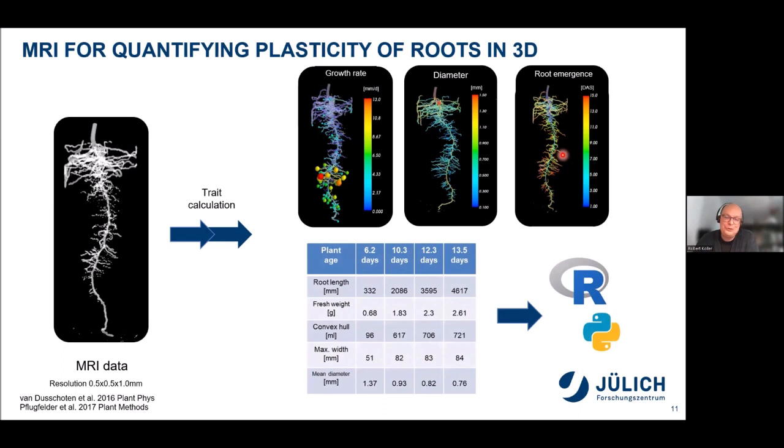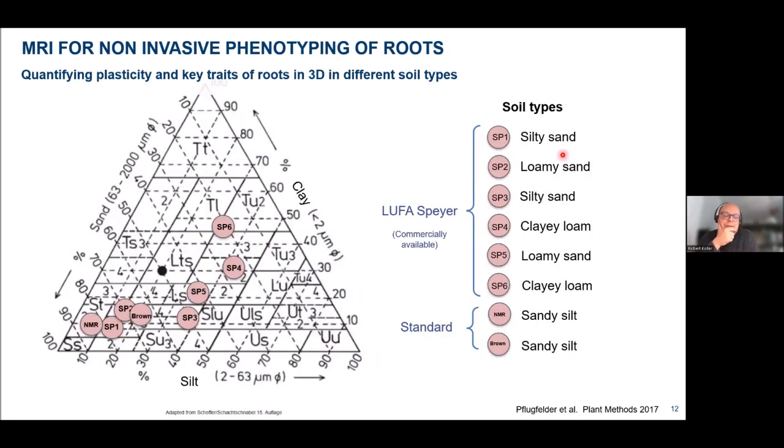Another challenge is always that we are asked, what kind of soils are you using, right? Is it a natural substrate or is it a very artificial substrate? And to answer these kinds of questions, we ordered from the LUFA in Speyer, the Landwirtschaftliche Untersuchungs- und Forschungsanstalt, who provide commercially available standard soils. And we compared those soils with the standard soils that we were using for MRI measurements, right?